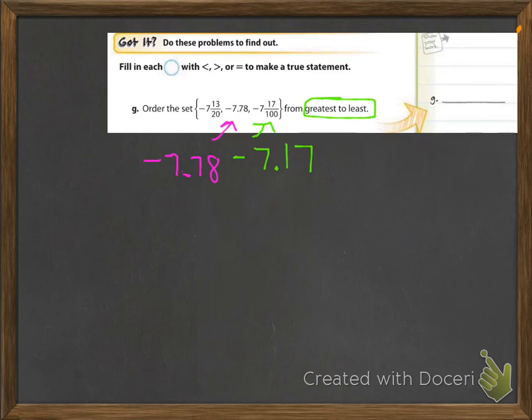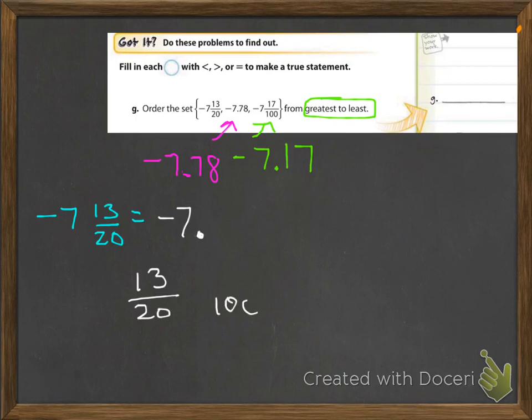Now I know this is bringing back some old concepts for you, so it's good that you're reviewing these now. So we have negative 7 and 13 twentieths. So right away we know that's going to be equal to negative 7 point. Don't forget to do that. Don't wait to the end to do that, because once you start working on that 13 twentieths, it's very easy to forget. So now we're going to look at the 13 twentieths. 20 is compatible with 100, which makes our life a whole lot easier.